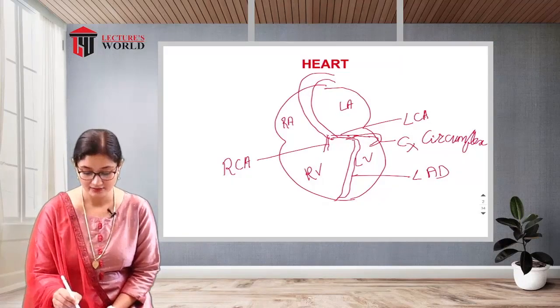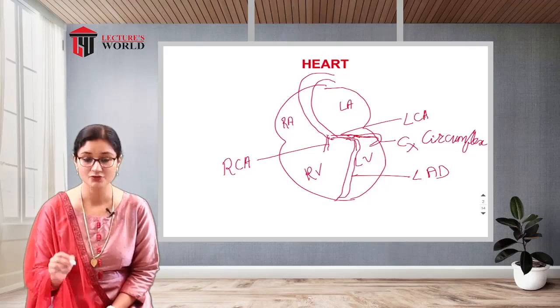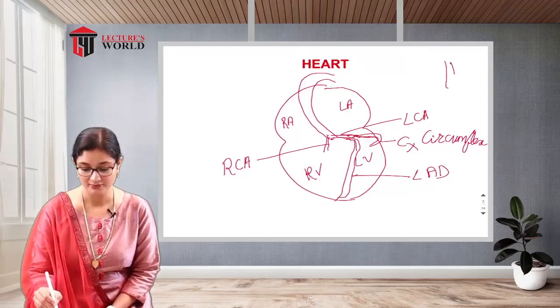So this is the main branch out of which these two arteries are coming.